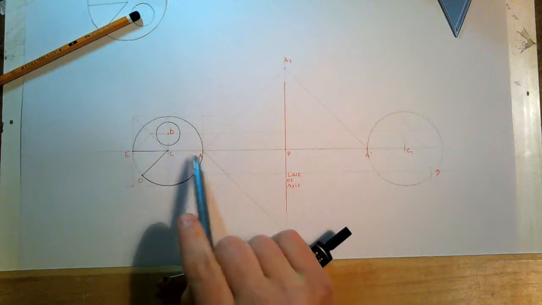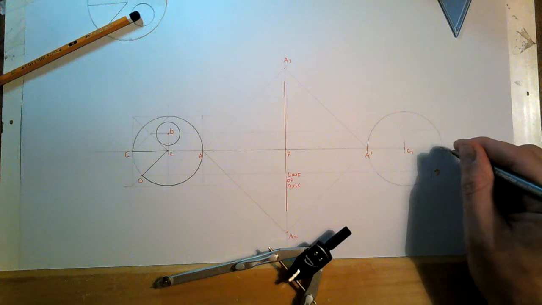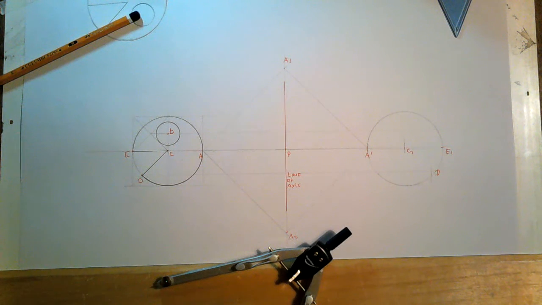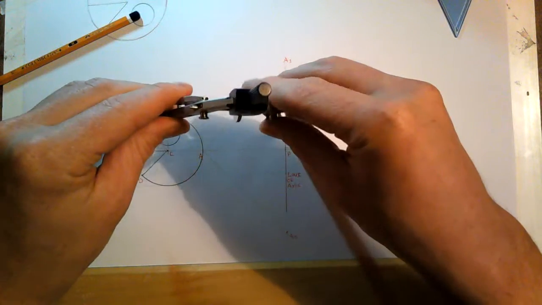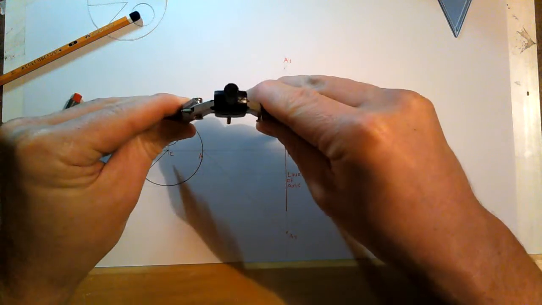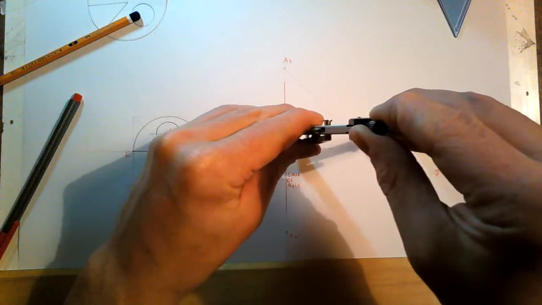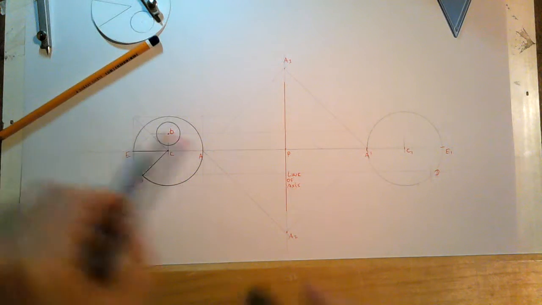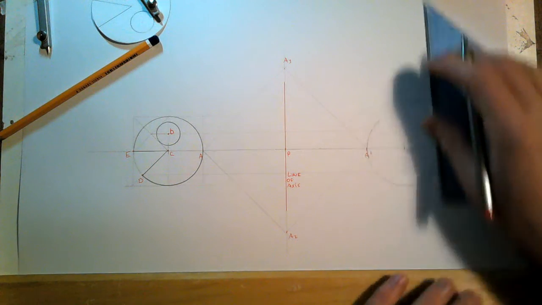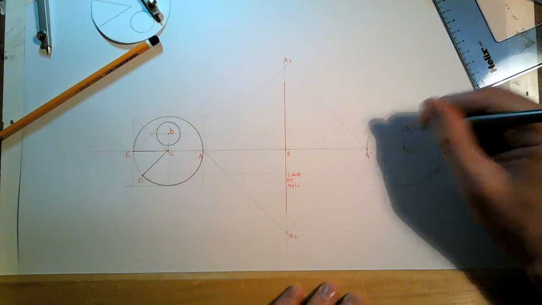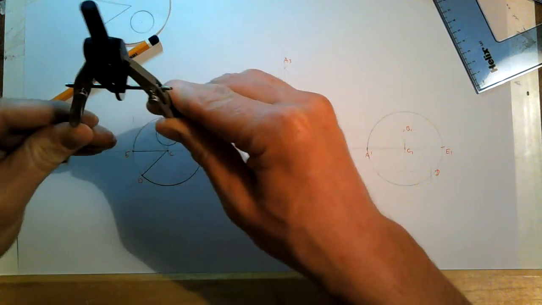So we know that A, E, and C are along the one line. So that's E1, and then for B. Okay. B and C matching up, yeah. B1.